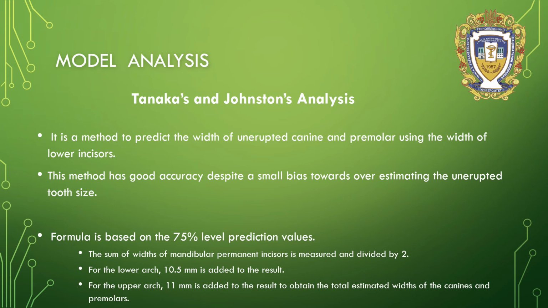Formula of this analysis is based on the 75 level prediction values. The sum of width of mandibular permanent incisors is measured and divided by 2. For the lower arc, 10.5 mm is added to the result. For the upper arc, 11 mm is added to the result to obtain the total estimated width of the canines and premolars.